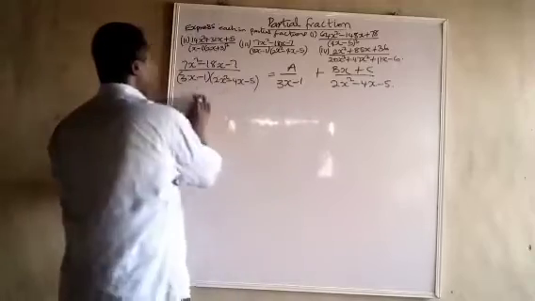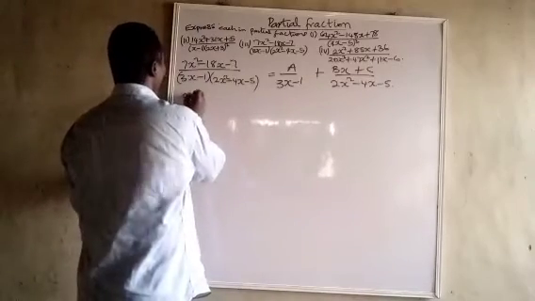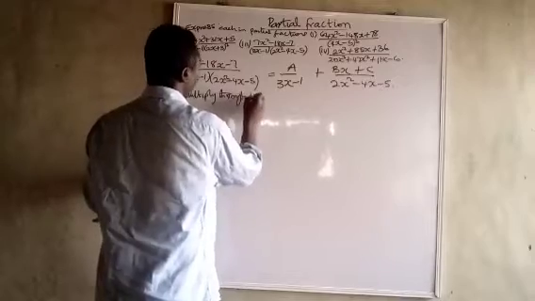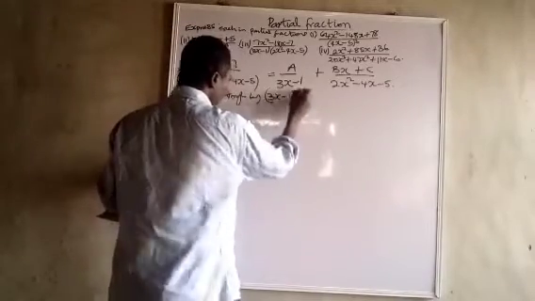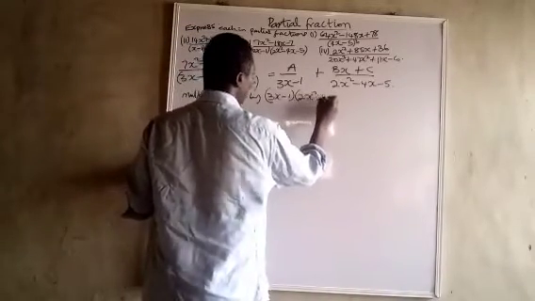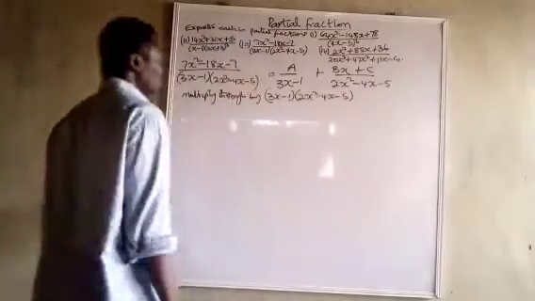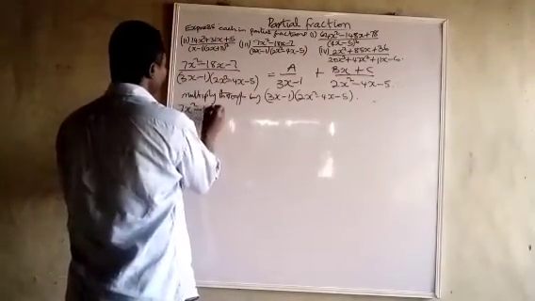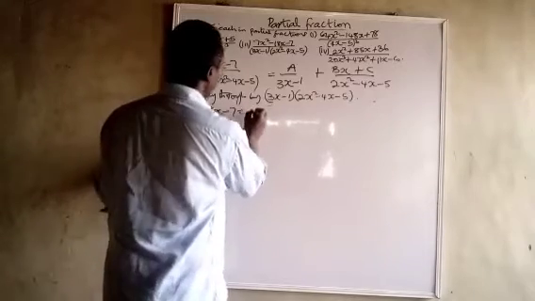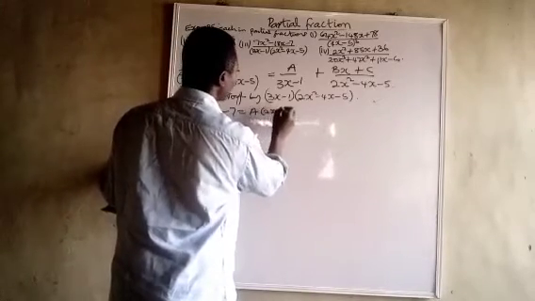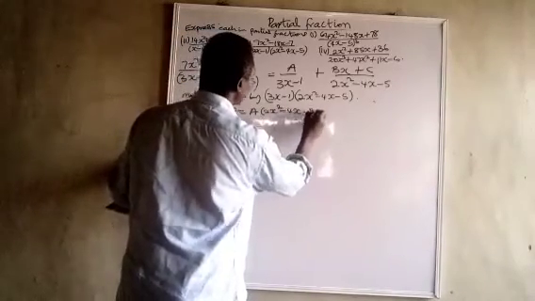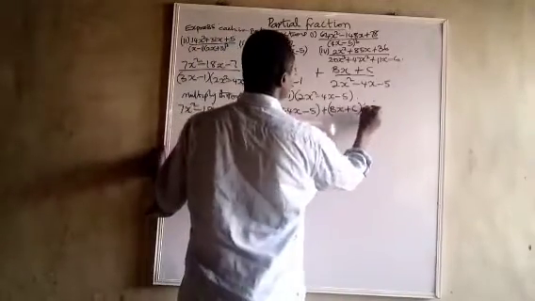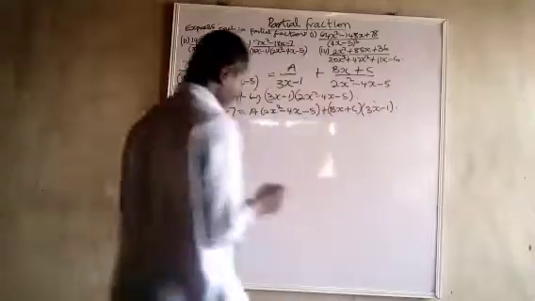Then you can now say multiply 2 by 3x minus 1 into 2x squared minus 4x minus 5. Multiplying 2 by the LCM, I'm going to have 7x squared minus 18x minus 7 is equal to a into 2x squared minus 4x minus 5 plus bx plus c into 3x minus 1.